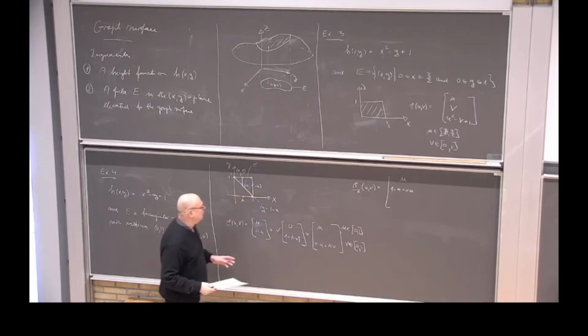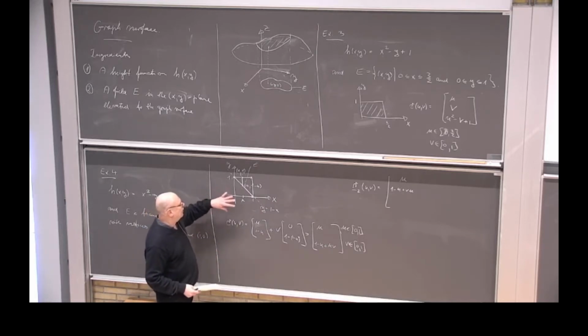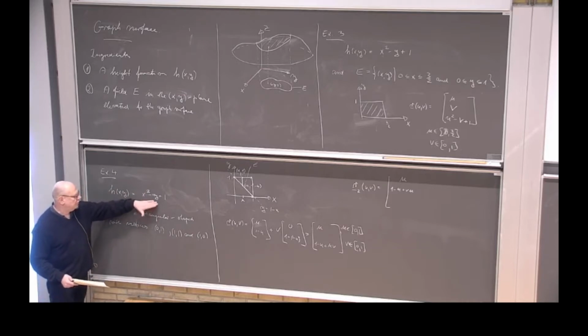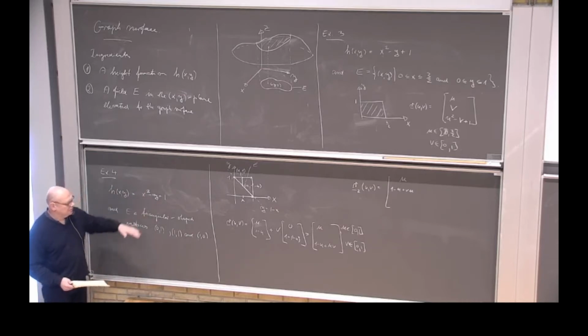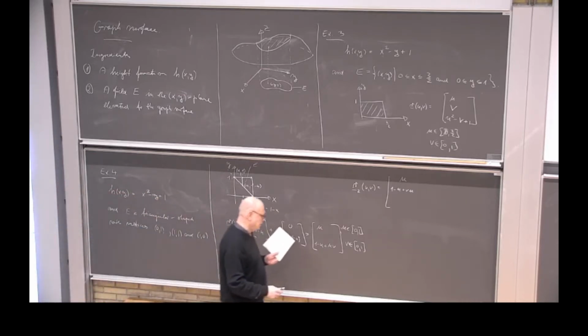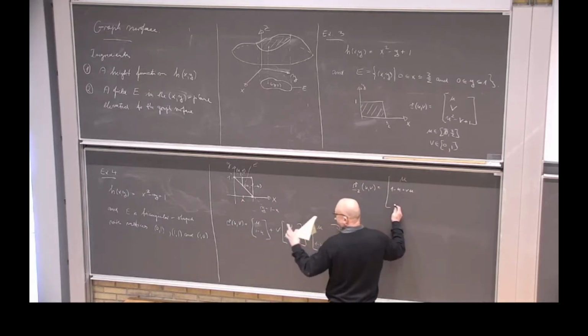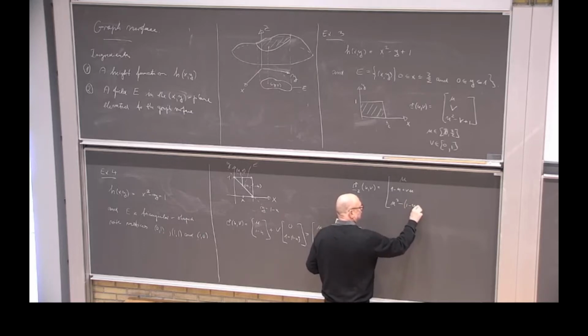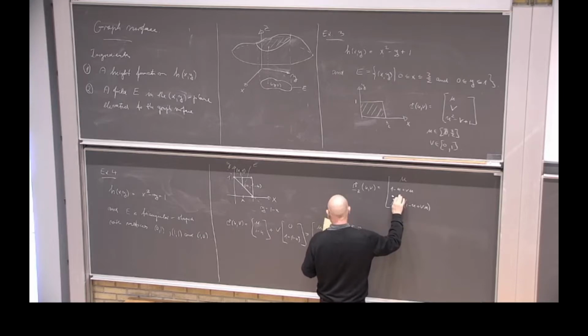And then for the third coordinate, I just plug the two first coordinates into my expression for the height function. So I get x squared, that is u squared, and then I get minus y, I have it here, and then plus 1.